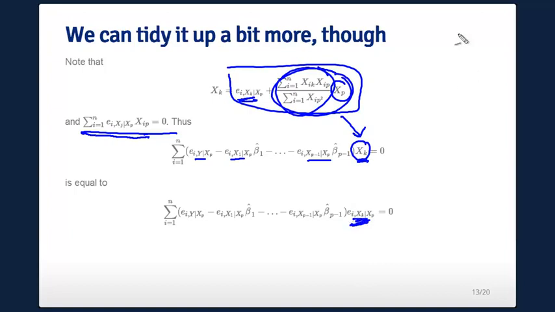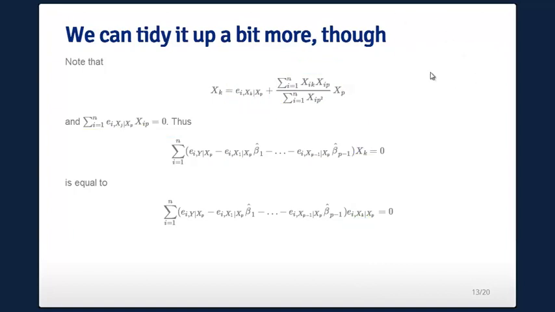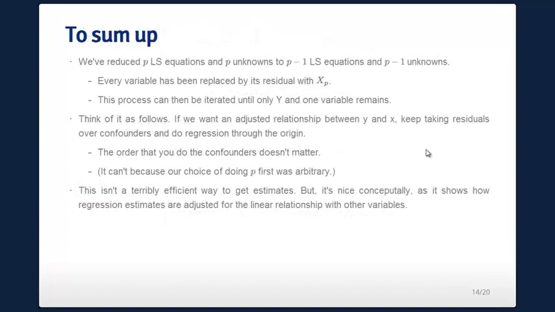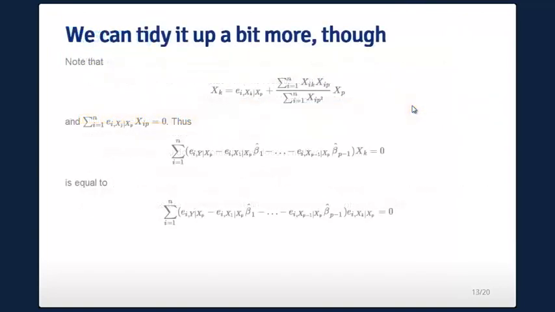So the long and short, let me move on to the next page. If you're really interested in the details, you can go over the mathematics with a fine-tooth comb. But here's the end result. We've reduced p least squares equations to p minus 1 least squares equations and p minus 1 unknowns.